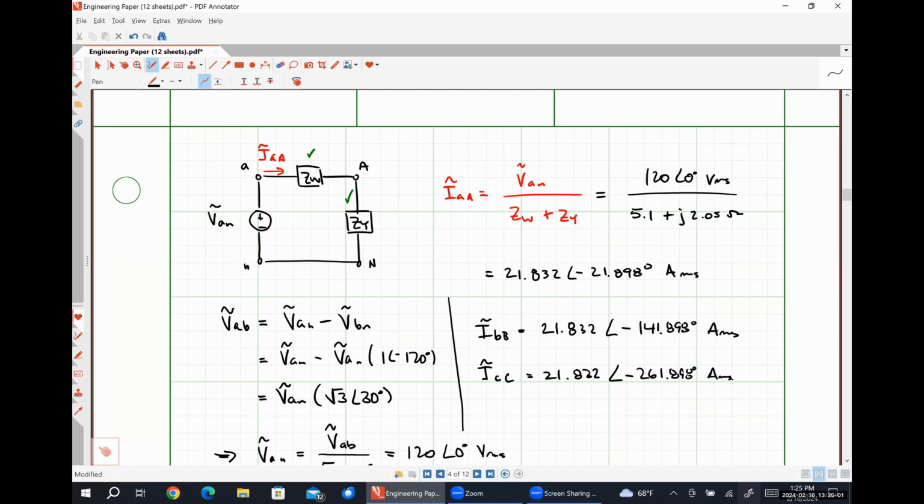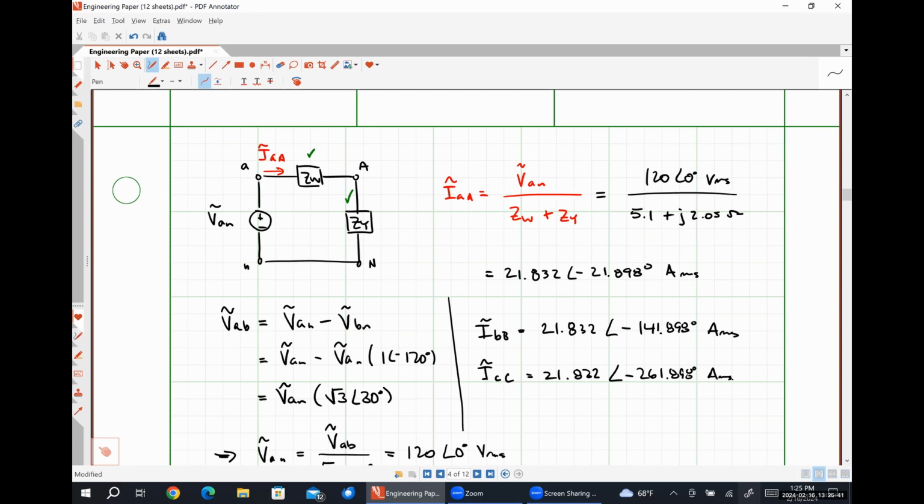It's going to give you positive 98.102, which is just 360 degrees out of phase, right? It's the same exact angle, just your calculator is always going to give you something between negative 180 and positive 180. Okay, so I'm okay with using either convention. I just want you to be aware I'm always just going to be as lazy as possible and just take 120 degrees away once and then take 120 degrees away twice and call it a day. Because why make it any more difficult than that?